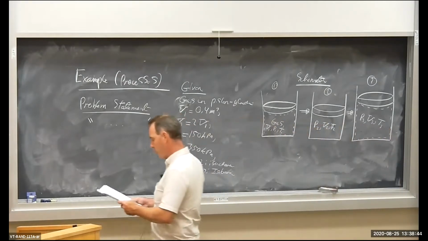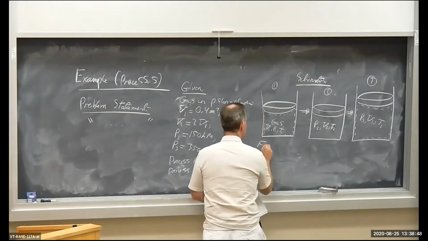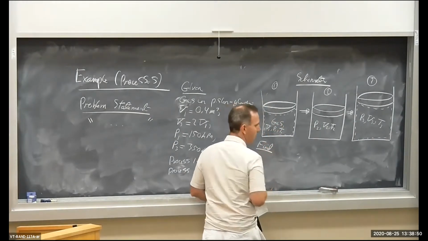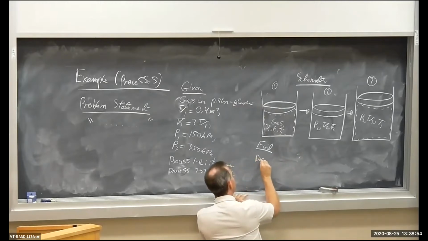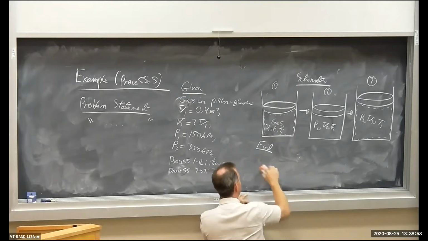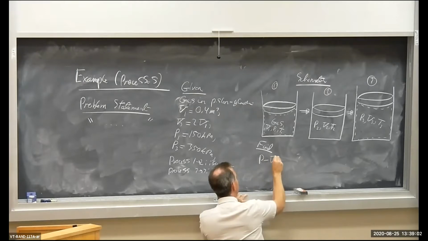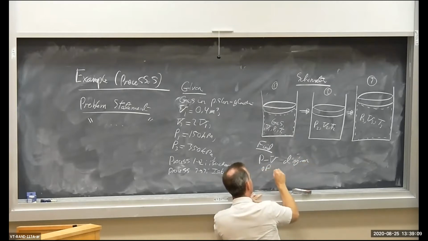What are we supposed to do? Find. Let's draw the process, or find the process on a pressure volume diagram, a PV diagram of the process.